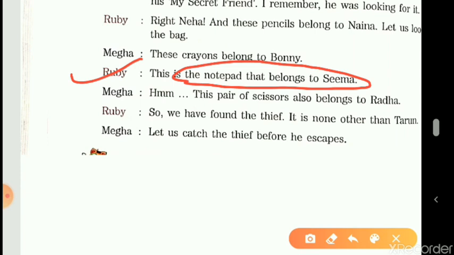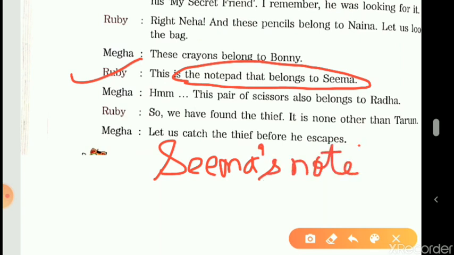Seema's notepad. So, Ruby will say, this is Seema's notepad. Instead of that notepad that belongs to Seema, we'll be writing, Ruby, this is Seema's notepad.